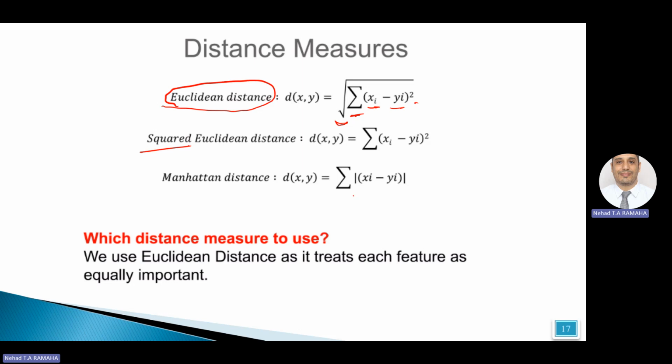And we have the Manhattan distance. Why do we take the power or the square? To avoid the minus. When we take the distance between point X and point Y, if we say X minus Y, the distance could be negative, but there is no negative distance. So the power here is also to avoid the negative distance.